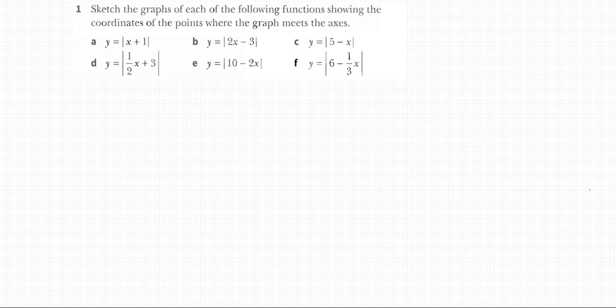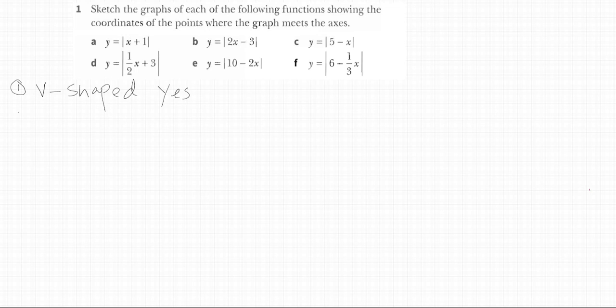The English alphabet V. The question is, is the graph of an absolute value function always V-shaped? The answer is yes, always V-shaped.